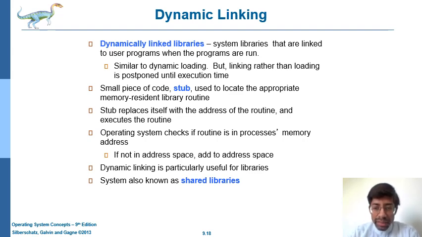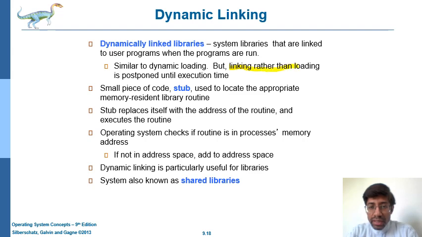The same memory space can be dynamically linked with the Microsoft Excel memory space, and also with the PowerPoint application space. This kind of thing can be implemented in the form of dynamic linking, using dynamic link libraries or DLL files in Microsoft Windows. So this is linking, rather than loading, being postponed till execution time. This is what we call dynamic linking.